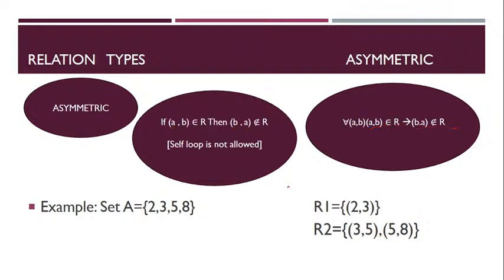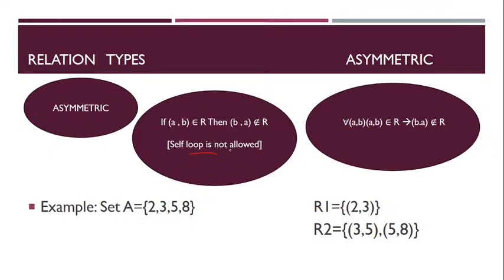Self loops are not allowed. Everything else is the same as antisymmetric. Only one thing is extra: self loops are not allowed. So in one sense we can say no bidirectional edge and no self loop. That is what is different from antisymmetric to asymmetric.